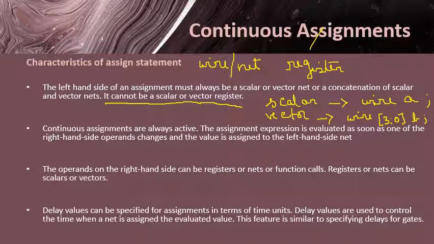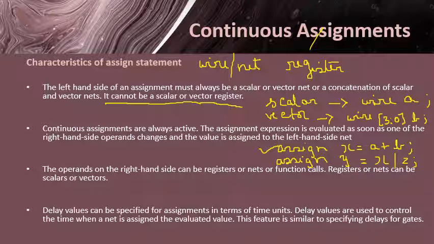For example, if I have assign x equal to a plus b, and assign y equal to x or z, or something like that, then whenever there is a change in the value of a or b, this statement will be executed.